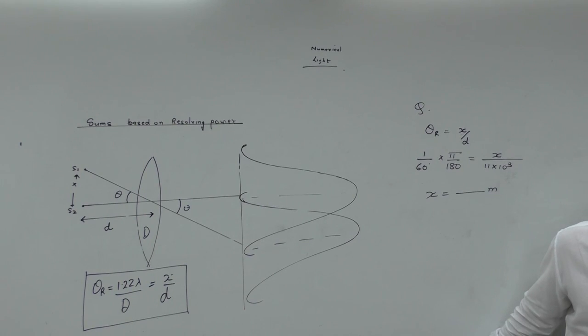Find minimum separation between the two objects the human eye can resolve. Lambda is 5000 Angstrom.